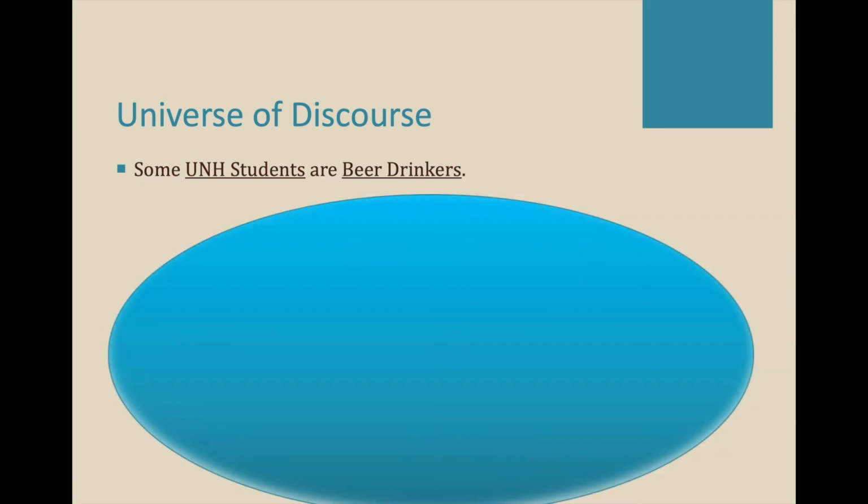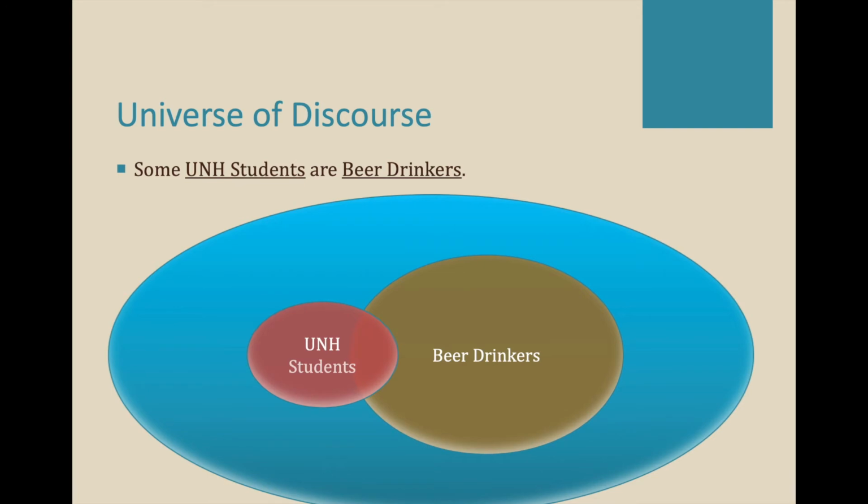So here it is in a Venn diagram. Now, maybe you can remember doing Venn diagrams in 7th grade algebra, but they are helpful as displays of logical relationships between classes or categories of things. So if we take this category of beer drinkers and this category of UNH students within a universe of discourse, we see how these categories overlap.